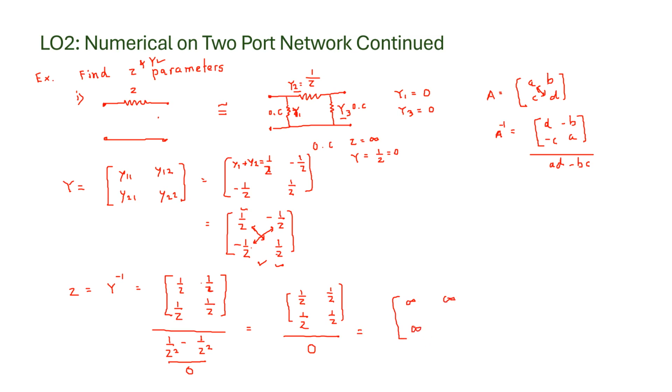So these are the z parameters for this network. For the same network, I have found the z parameters and y parameters in one problem. They may ask for either of the two, z parameters or y parameters.